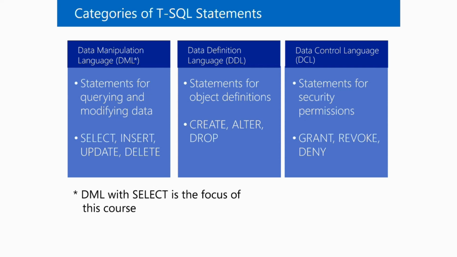In case you don't want anyone in your organization to be able to view the data, to be able to modify anything in that data, we can deny the permission to the user to perform that action on the data. Similarly, if you have already granted any permission to the data, or a user is already having a permission due to his role membership, then you can revoke that permission with the help of the revoke statement. So the data control language is primarily controlling your security or access to the data.